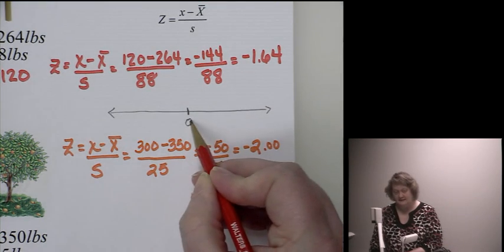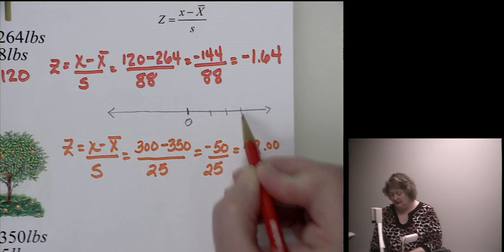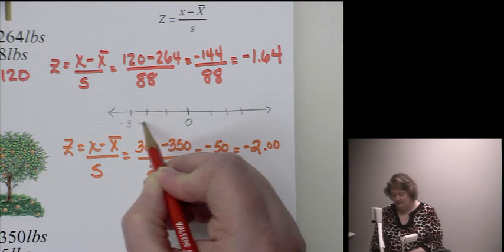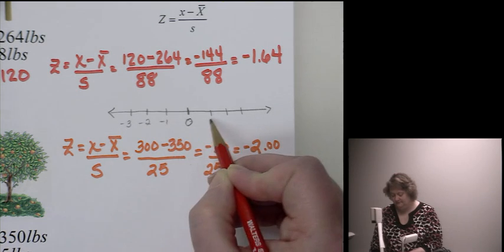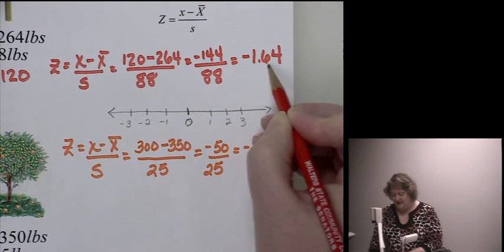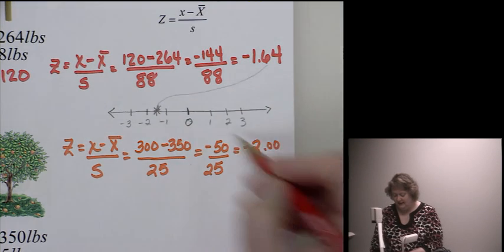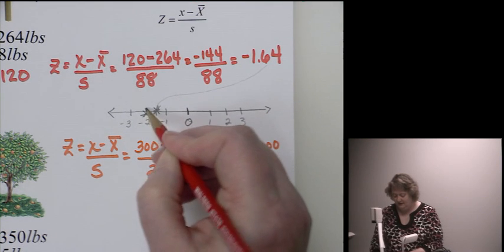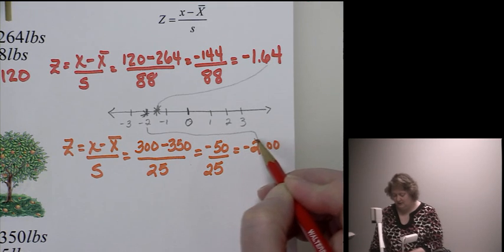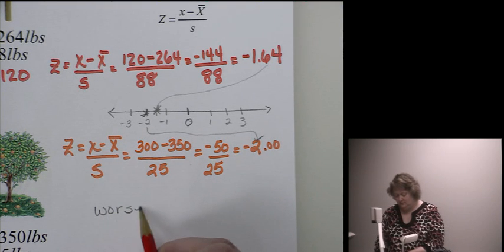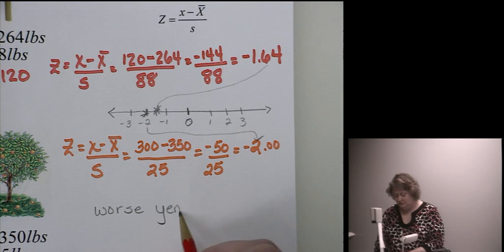Here's my 0, 1, 2, 3, and 1, 2, 3 in the negative direction. The negative 1.64 will graph here. The negative 2 will graph here. So which one had the worst year? It would be my orange tree.